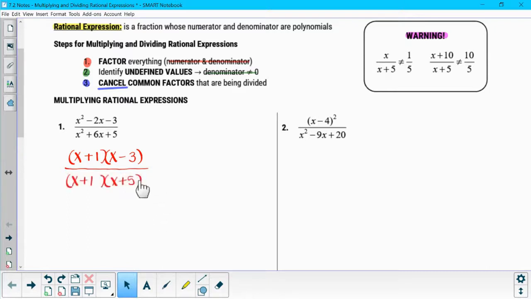Now, once I have factored everything, I'm going to identify my undefined values. And that means I'm going to take my denominator and set it not equal to 0. And when that's happening, remember when we were solving by factoring, we set each factor not equal to 0. I get x cannot equal -1 and x cannot equal -5.